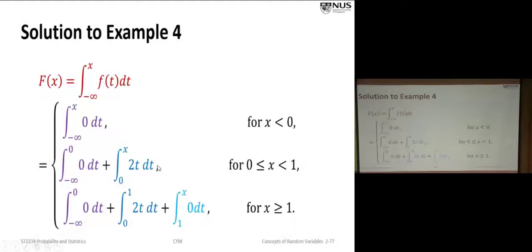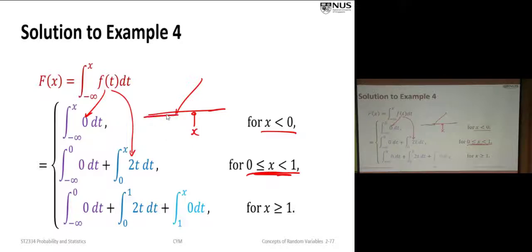So when x is less than 0, f(t) equals 0. When x is between 0 and 1, then f(t) equals 2t on that part. I have to separate the integral from minus infinity to x into two parts for this range. One is from minus infinity to 0. Remember, this is the graph, right? So if x is here, I have to integrate this part with f(t) equals 0, then integrate this part with f(t) equal to 2t.